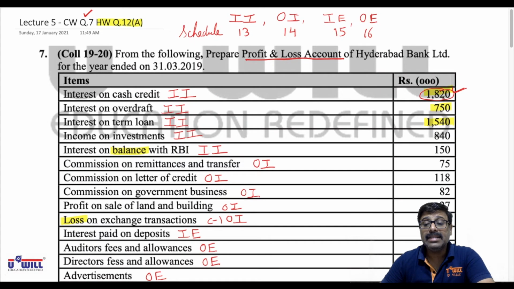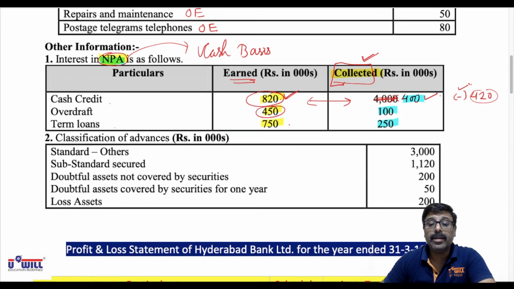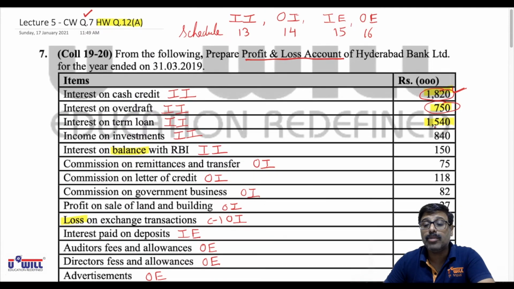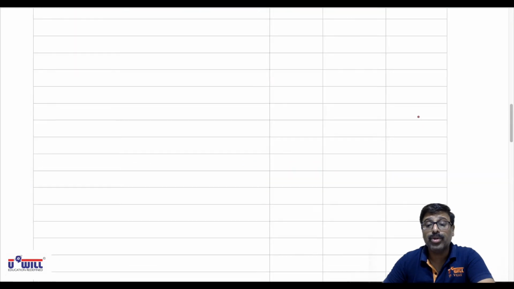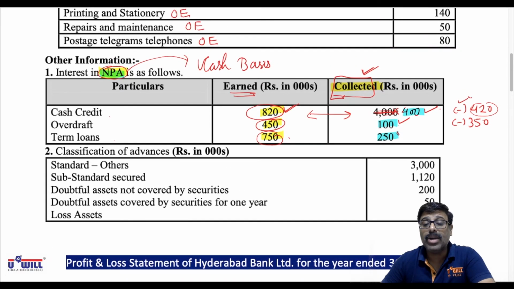In the same way, 750 of interest on overdraft includes 450, but we should have included only 100. So the extra 350 rupees we will minus. And in case of term loans 1540, we have included 750, we should have included 250. So the extra amount, a difference of 500, we will minus.